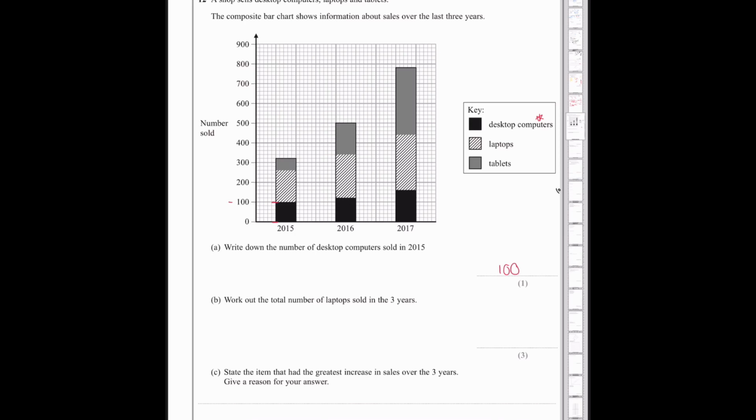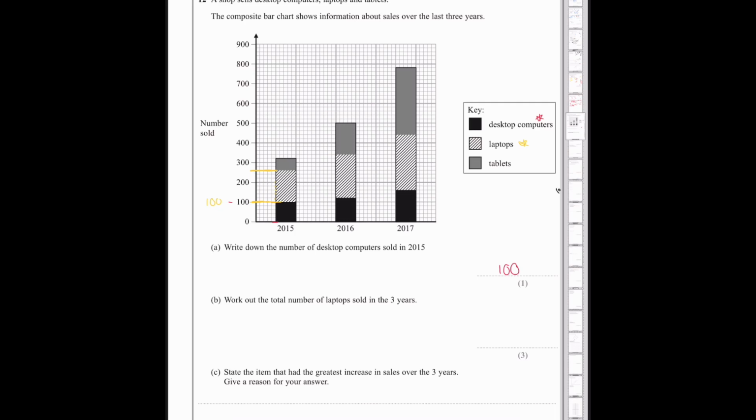Now it says to work out the total number of laptops sold in 3 years. First of all, in 2015, the laptops, which are in the black lined boxes, go from here up to here. So we have to work out what that means. It's from 100, and then these little squares are 20, because you've got 2, 4, 6, 8, 10, or 100, getting you up to another 100 there.